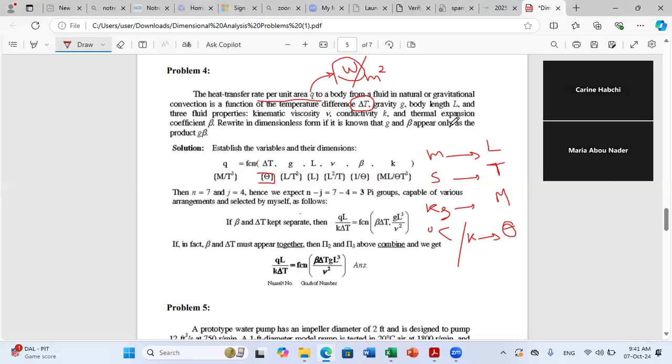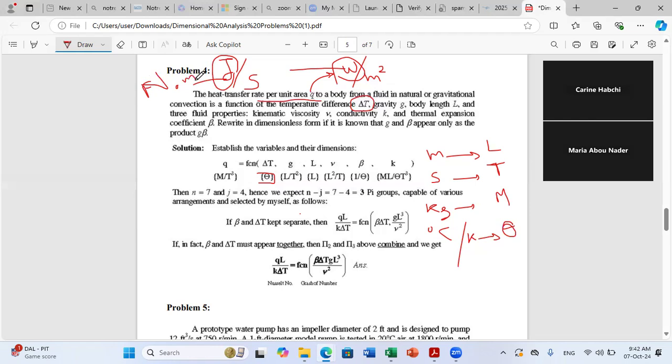Okay. So now, to transform watt per meter square into its dimension, you need to go back to the definition of power. What is watt? Joule per second. And what is joule? Energy. Energy is force times distance, F times D. So Newton times meter.